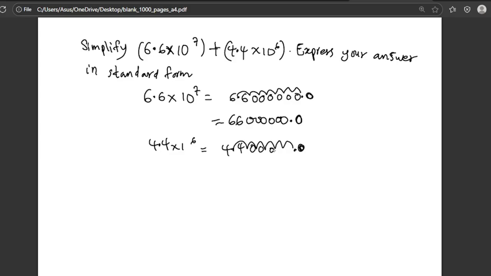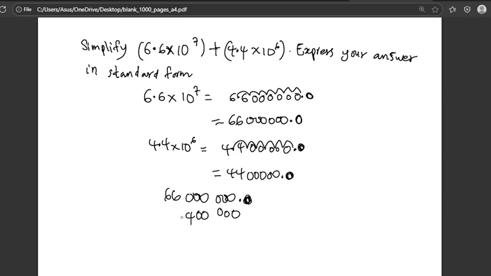So that is 4,400,000. Then the first number is 66,000,000. Then we add them, lining up the zeros first and then the digits.